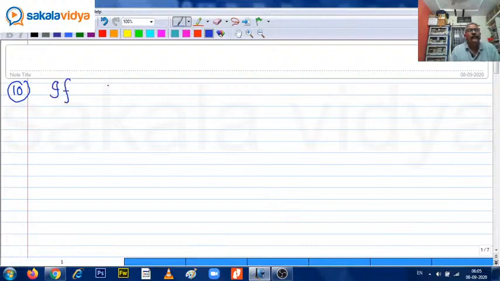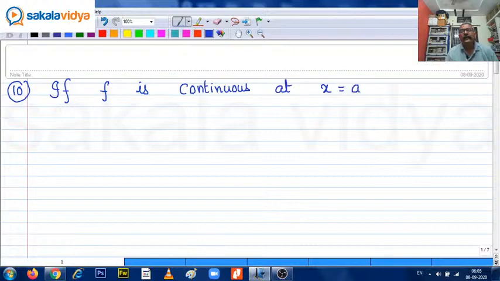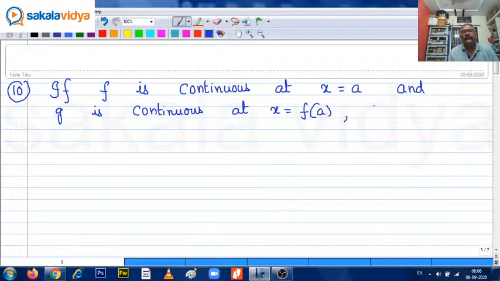If f is continuous at x equals a, and another function g is continuous at x equals f of a, then the composite function, that is g circle f, that means g of f of x, is continuous at x equals a.